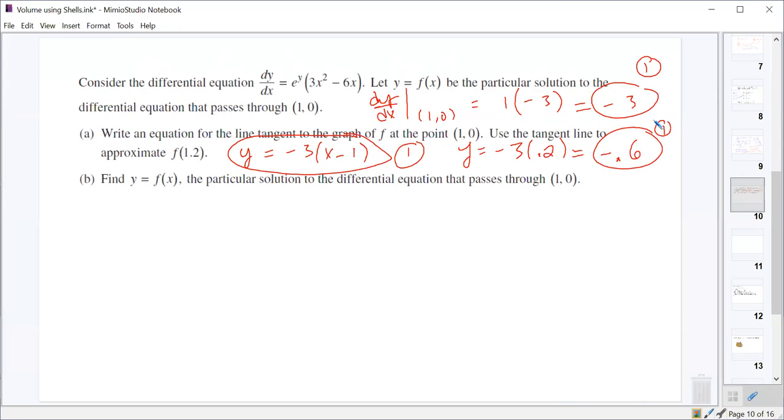Then we're going to find a particular solution, which should be easy at least to get the first point, right? First point should go dy over e to the y equals 3x squared minus 6x dx. Good? Should.